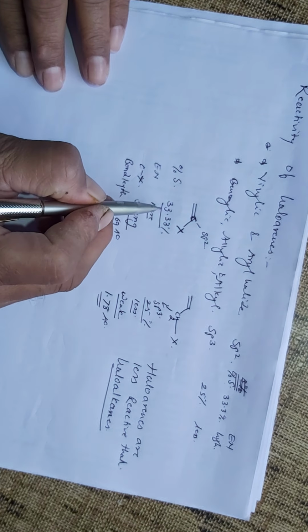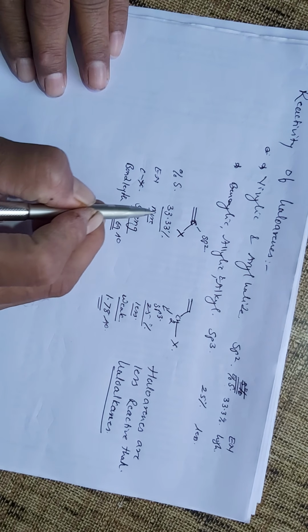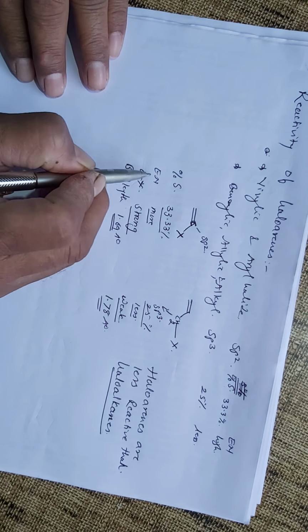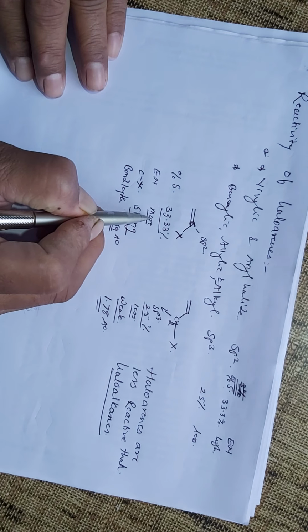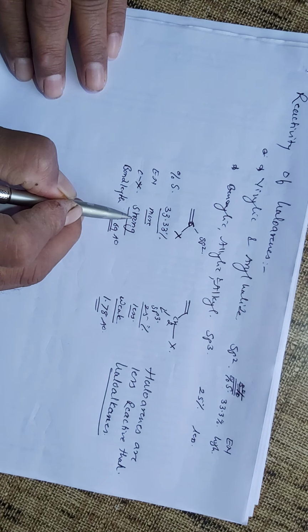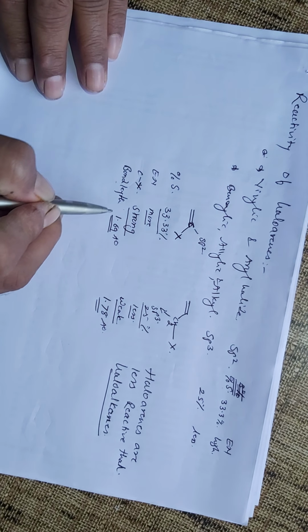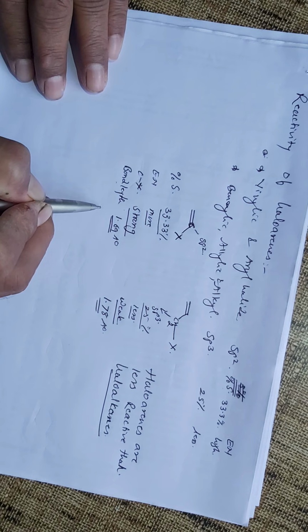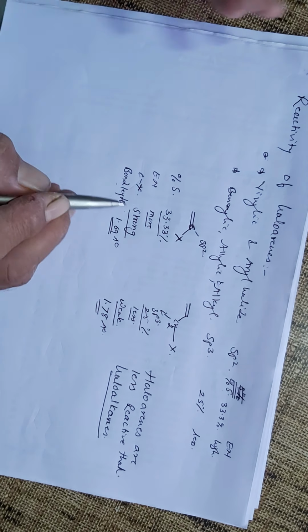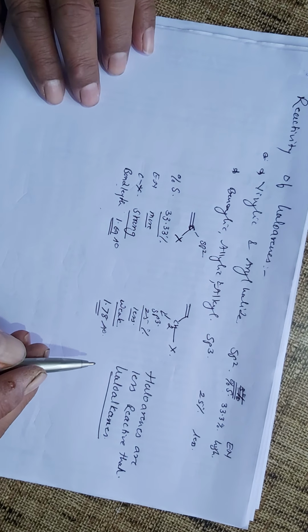The percentage s character in haloarenes is 33.3%, so the electronegativity of the sp2 hybridized carbon atom is more, and that's why the carbon halogen bond becomes stronger, the bond length decreases, and it is difficult to break this bond. And so it is less reactive as compared to the haloalkanes.